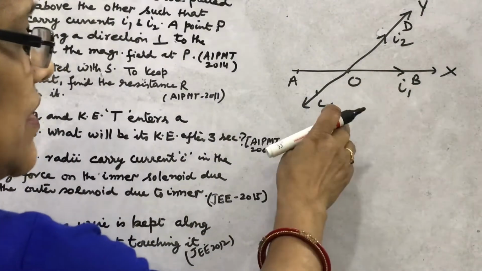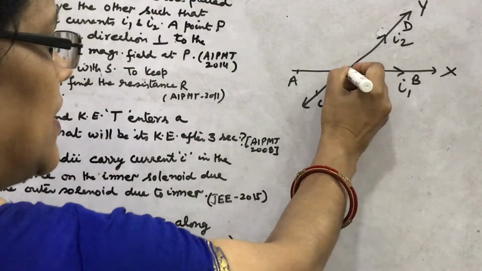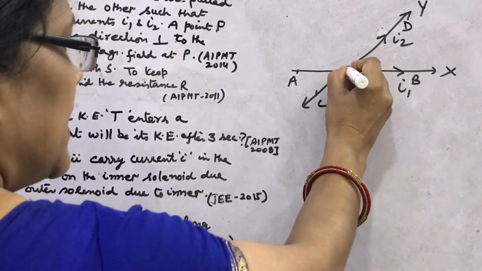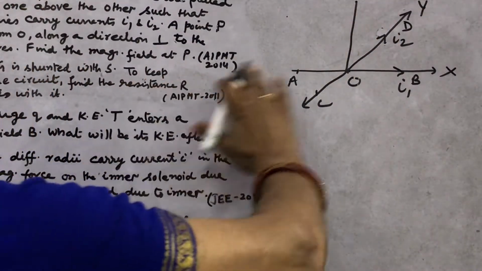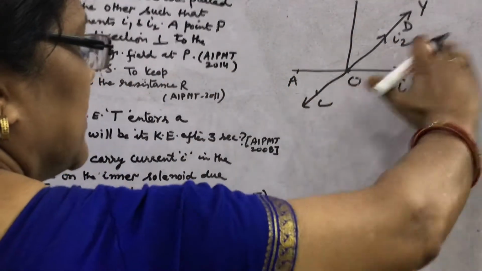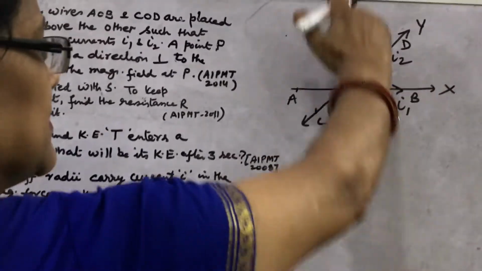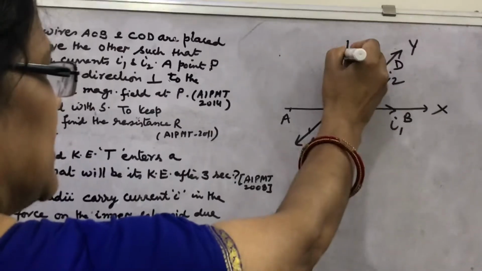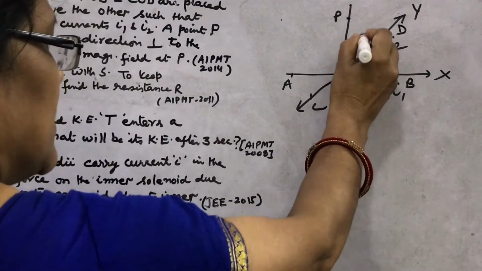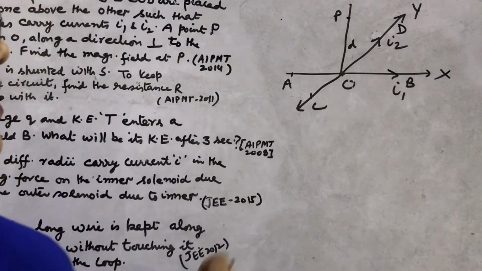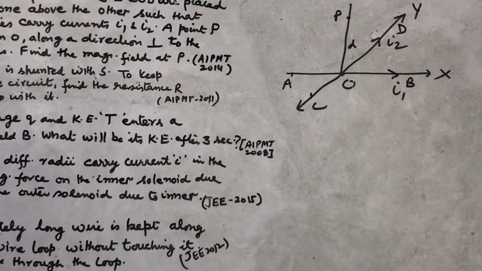How will you find the magnetic field here at the z axis? It is given that perpendicular to this plane is the z axis, and at this point P, whose distance from the point O is d, the net magnetic field is to be obtained.